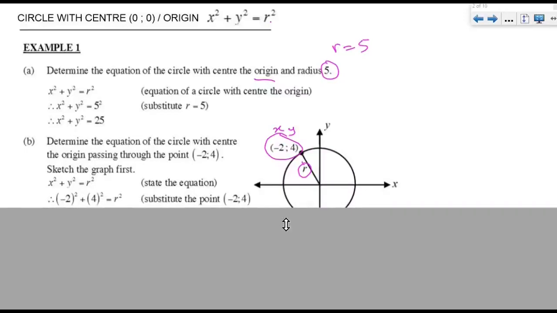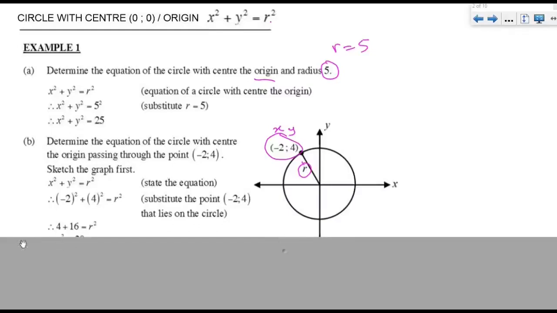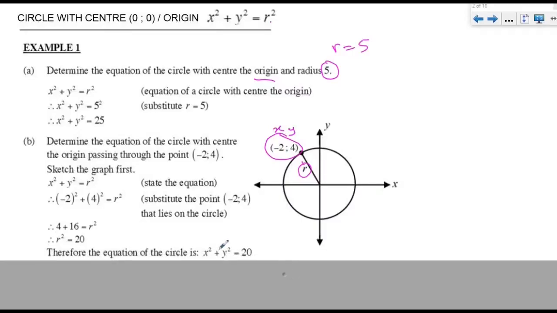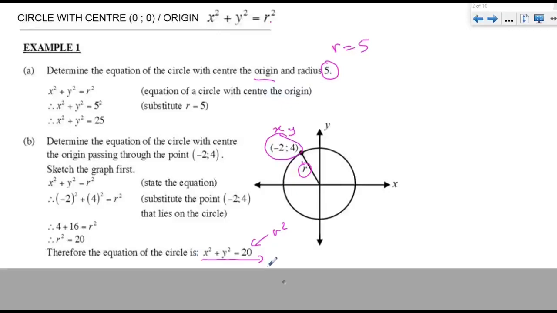So it will be minus 2, in brackets, all squared plus 4 all squared is equal to r squared, and therefore that will be 4 plus 16, and therefore r squared is 20. Therefore the equation of the circle is x squared plus y squared equals 20. That's your radius squared. Always write down and underline, so the people marking your script will know that's your final answer, and then work backwards to award you other marks.